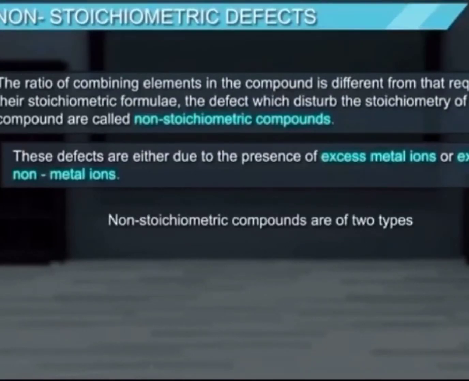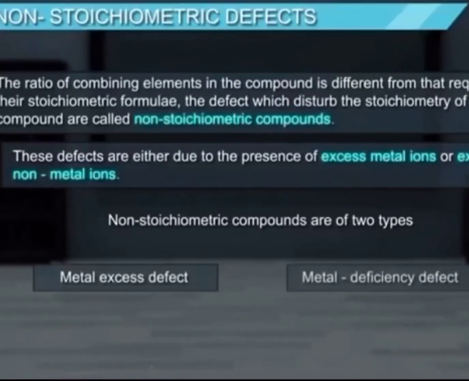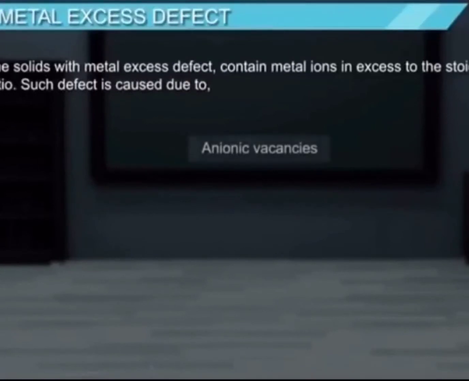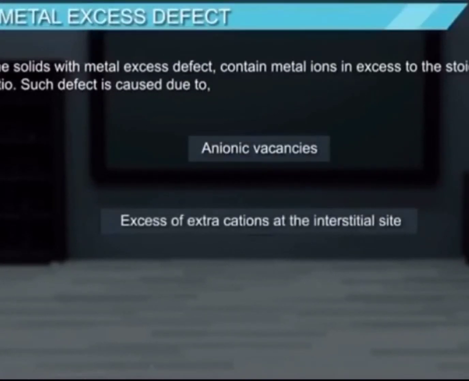These defects are of two types: metal excess defect and metal deficiency defect. Metal excess defect is due to presence of excess of metal ions. Such a defect is caused due to anionic vacancies or due to presence of extra cations at the interstitial sites.